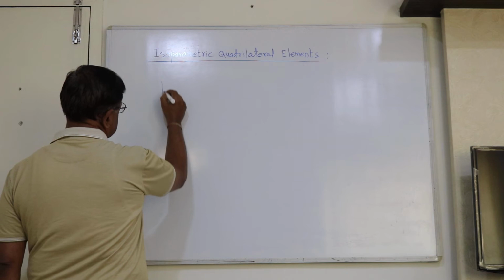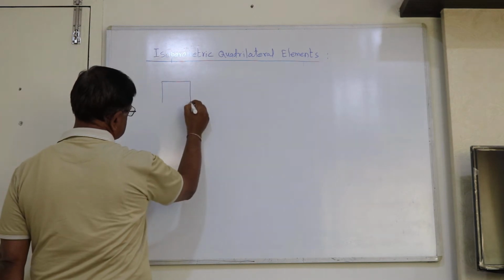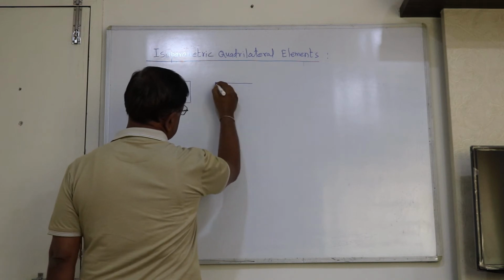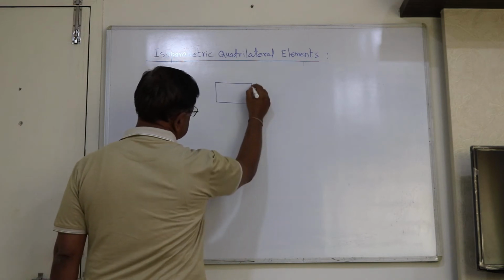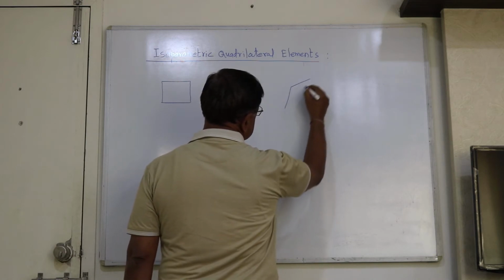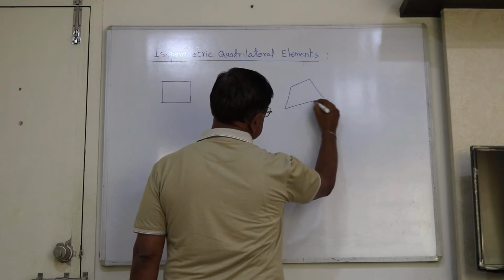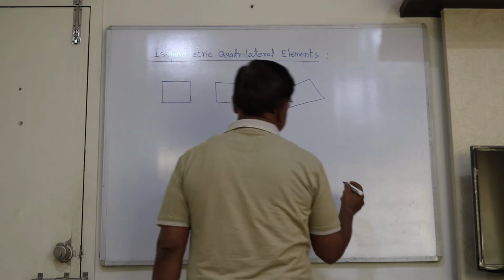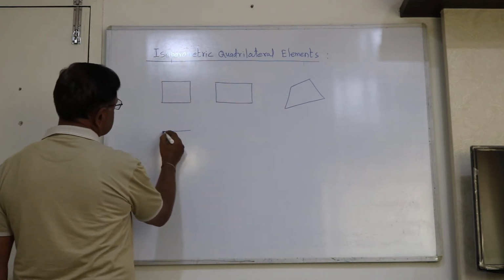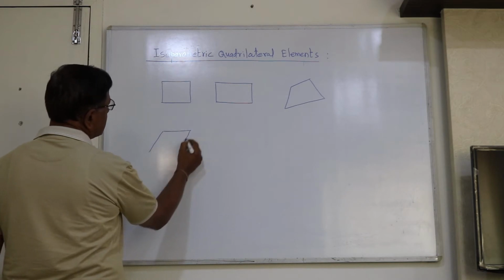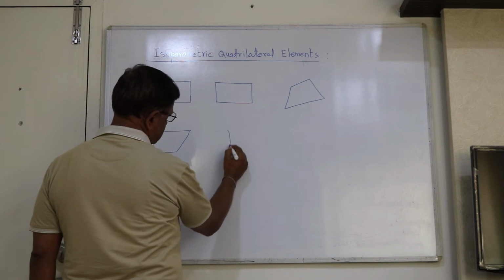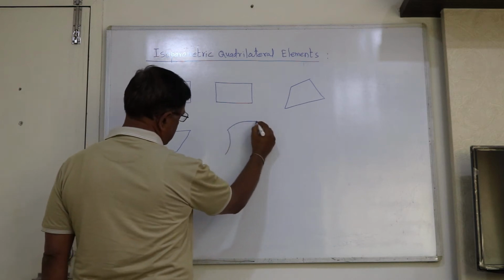Now let's see the various types or shapes of quadrilateral elements. The standard is a square element, then a rectangular quadrilateral element, a trapezoidal quadrilateral element, a parallelogram element, or the element may have curved boundaries.